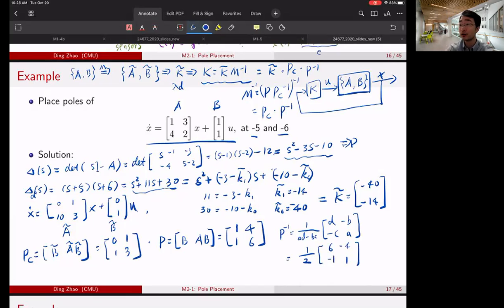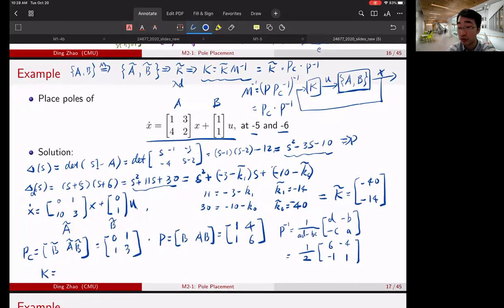So now you multiply these three together. So K will equal K tilde. K tilde is just minus 40, minus 40. So this should be a row.